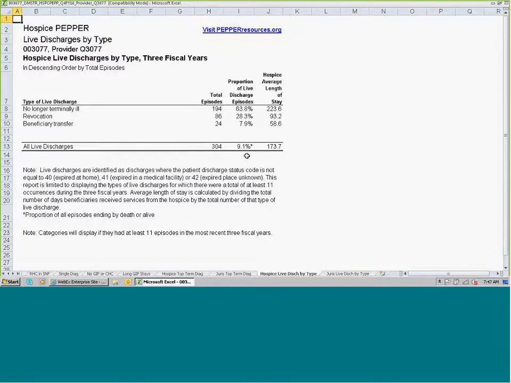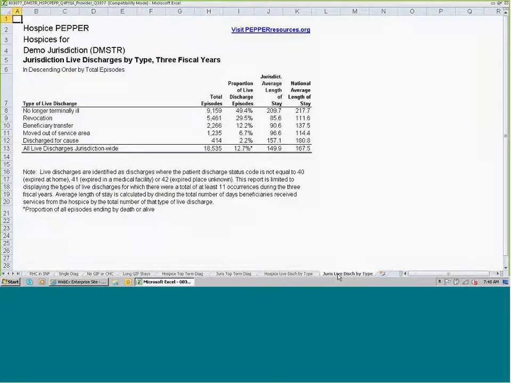So for this particular hospice, overall 9.1% average live discharge rate. Below here is a note letting you know how we identify these live discharges, as well as how we calculate the average length of stay by dividing the total number of days beneficiaries receive service from the hospice by the total number of that type of live discharges.